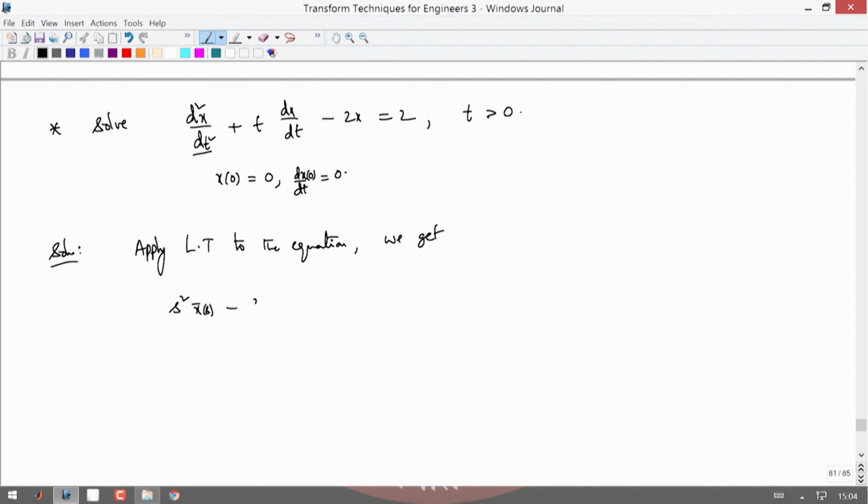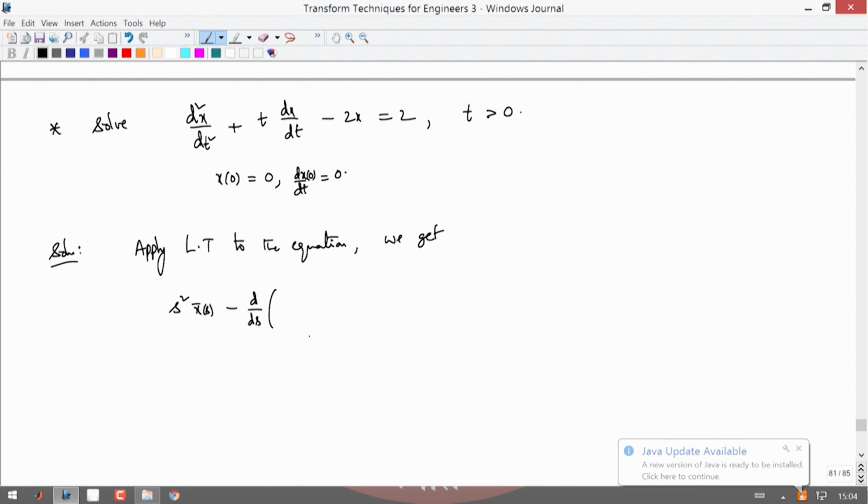For the second term, you have minus d ds of the Laplace transform of dx by dt, since t is multiplied with it.